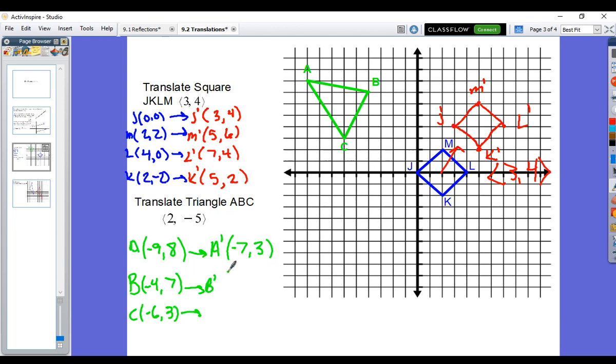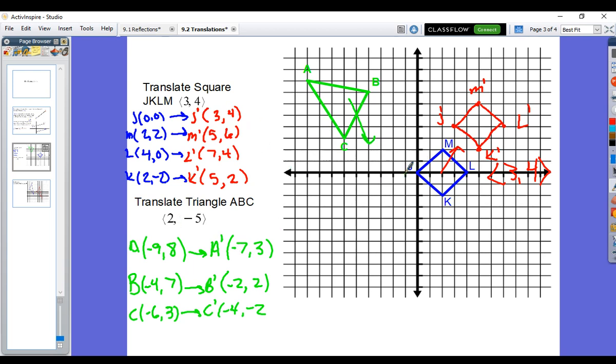B prime: -4 plus 2 is -2, and 7 minus 5 is 2. And for C prime, -6 plus 2 is -4, and 3 minus 5 is -2. So let's graph that. You can tell it's going positive 2 and then negative 5, so it's going downwards.